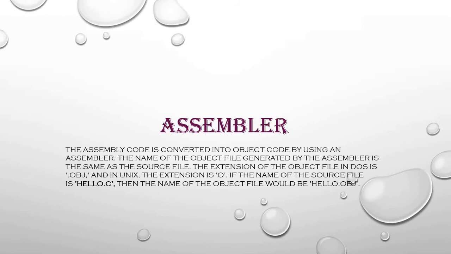If the name of the source file is hello.c, it will create the object file hello.obj. So basically, in short, assembly code is nothing but your object code.